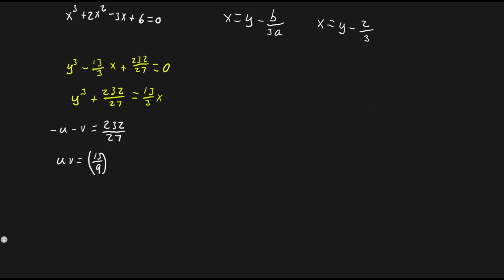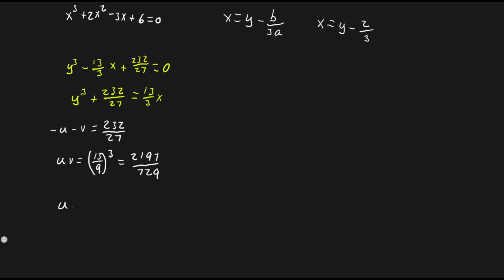And we're going to cube all of this, and we're going to get 2,197 divided by 729, and that is what we're going to have, and we're going to divide by v to get u again.